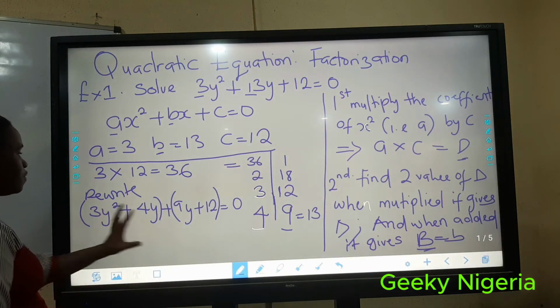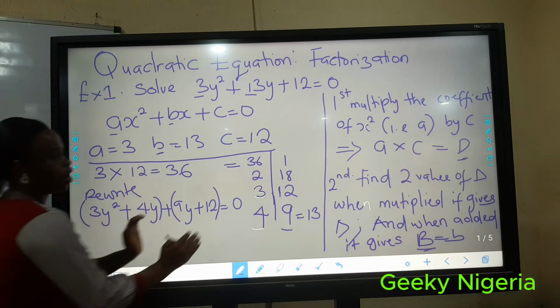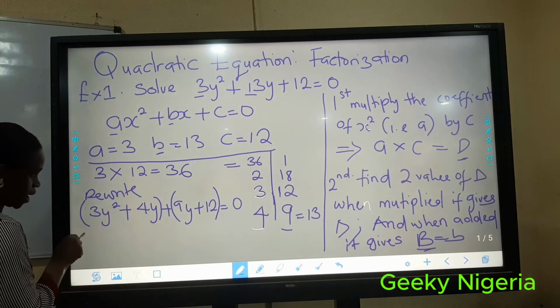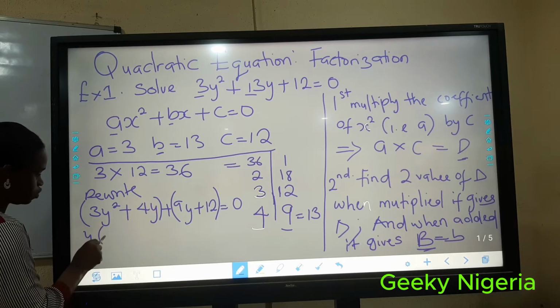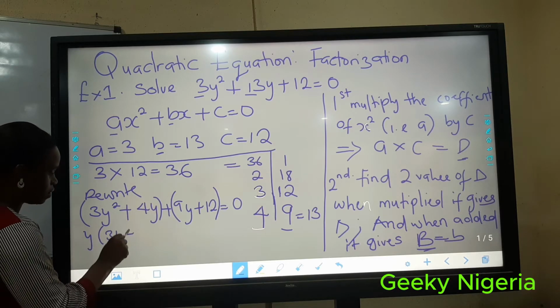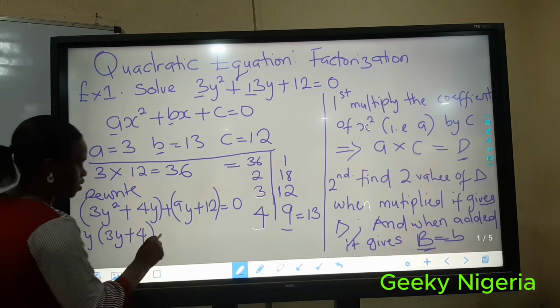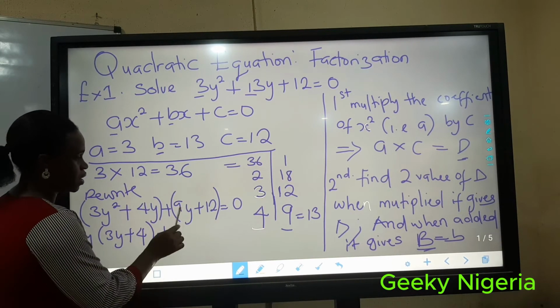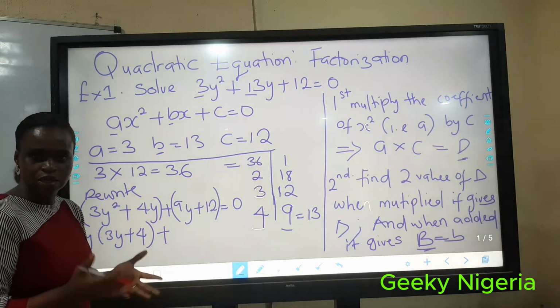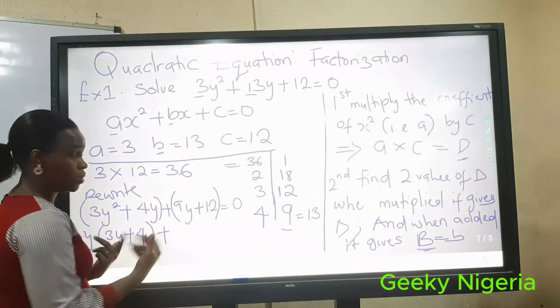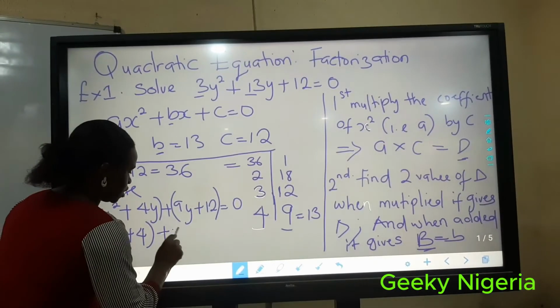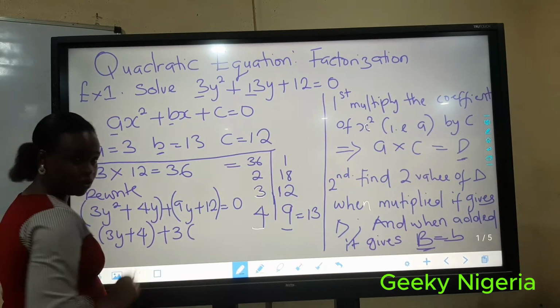From here, you find the common factors of this group and the common factors of that group. What is the common factor of this group? It is only y. So you have y times 3y plus 4. Then plus, what is common to this? If you see 9 and 12, just look at what factor can divide both of them. Here you can see that it is 3. 3 can go into 9, and 3 can go into 12. So we bring out our 3 and simplify it.